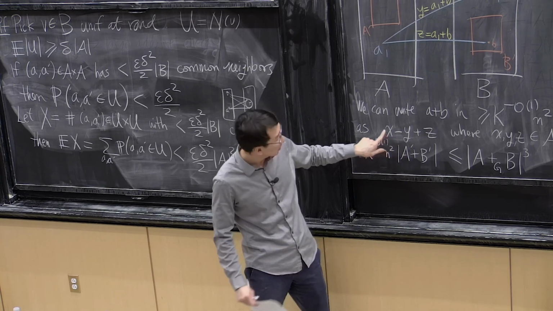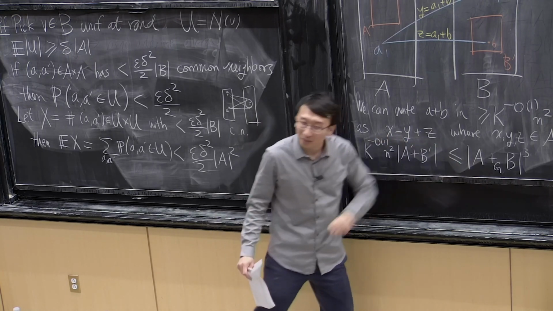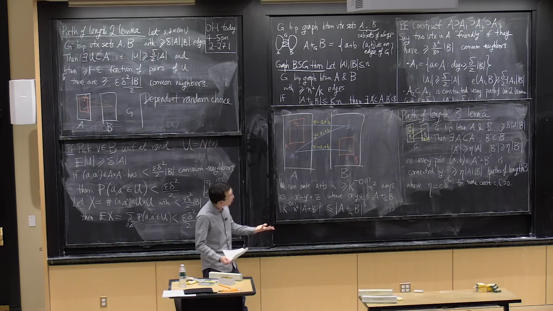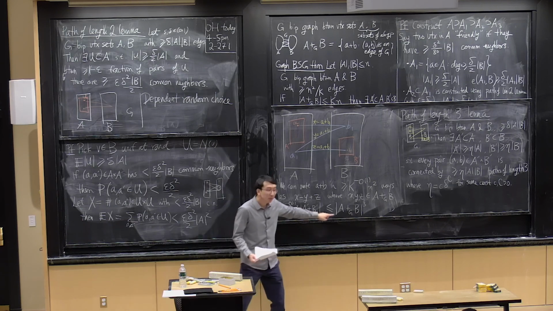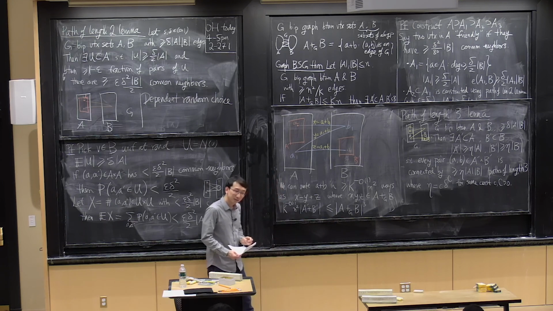Because each of these choices, x, y, and z, they come from the restricted sum set. But the hypothesis of Balog-Szemerédi-Gowers, the graphical version, is that the restricted sum set is small in size.